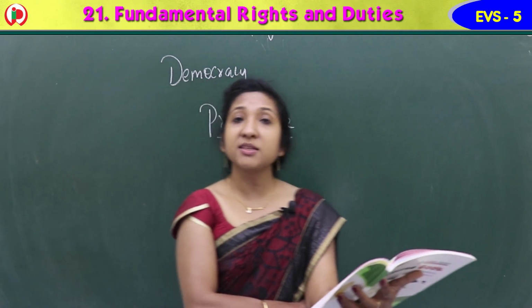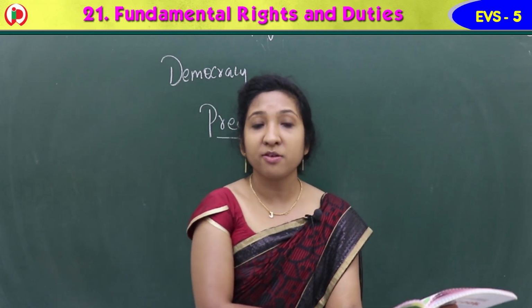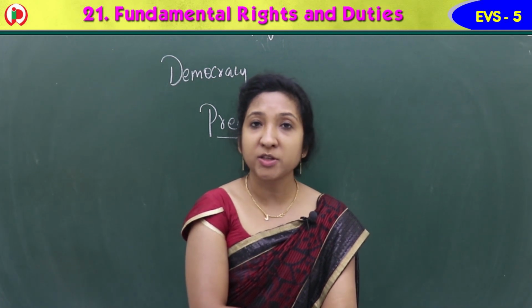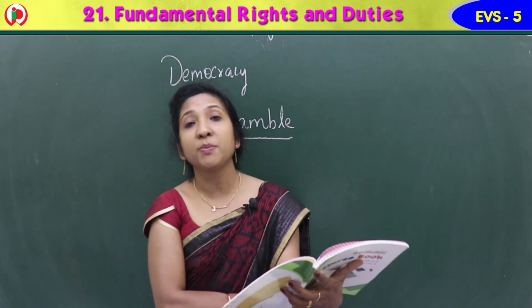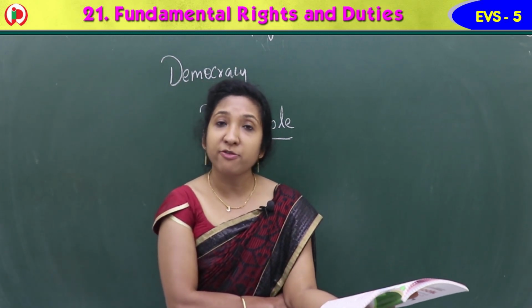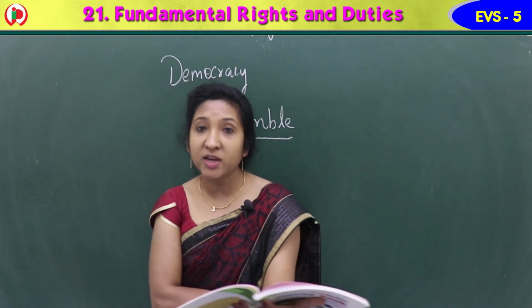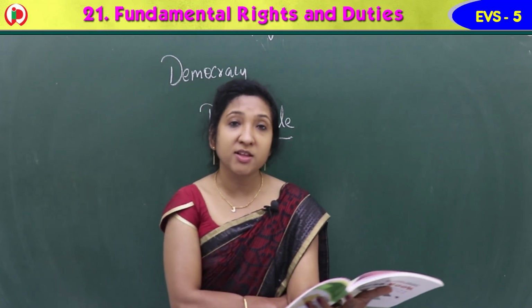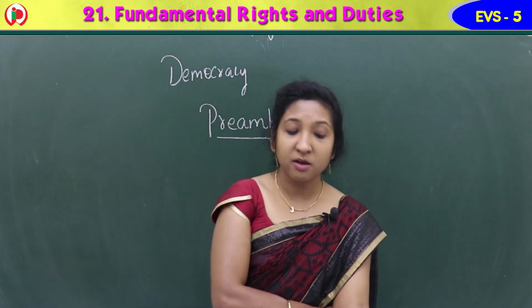And justice, liberty, equality, fraternity you already know: justice in all fields, social, economic and political. In all areas we need justice, isn't it? Correct judgment should be taken. Liberty is freedom of thinking, belief, faith, worship. Equality means we should treat everyone equally, no special privilege or advantage to a particular group. Fraternity is the feeling of brotherhood.